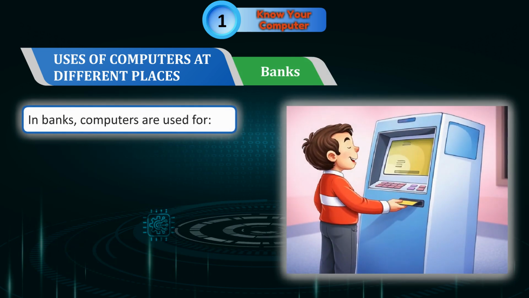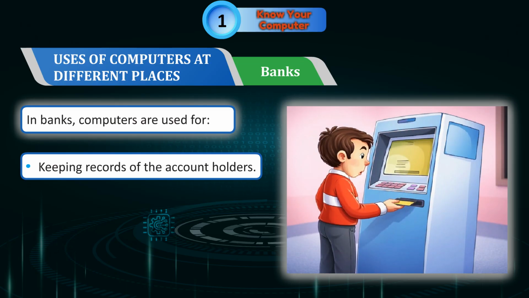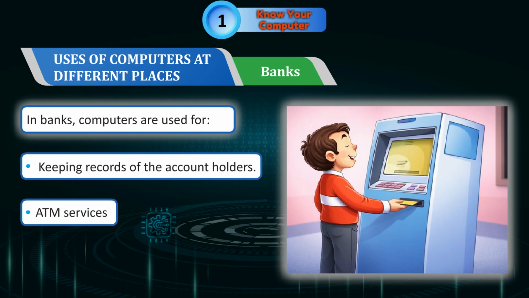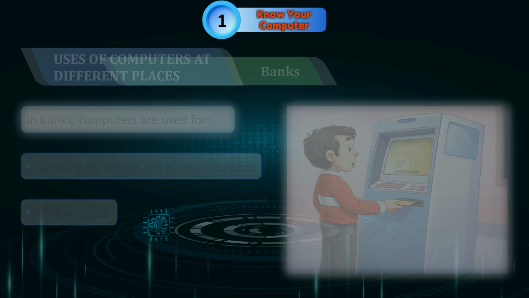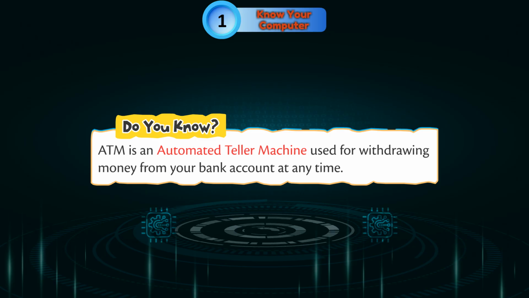Banks. In banks, computers are used for keeping records of the account holders. ATM services. Do you know? ATM is an automated teller machine used for withdrawing money from your bank account at any time.